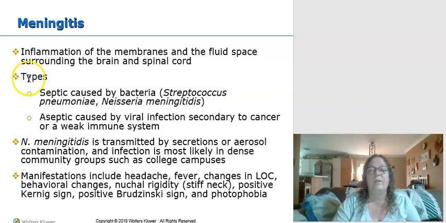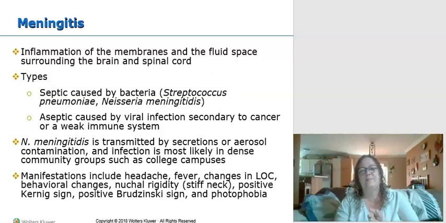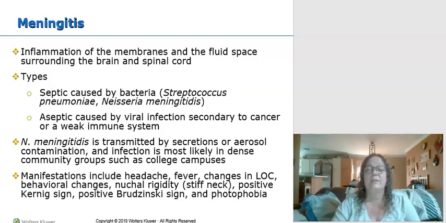There are two main types, septic and aseptic. Septic is caused by bacteria, usually Streptococcus pneumoniae or Neisseria meningitidis. I think that's how it's pronounced. I'm terrible with pronunciations. And aseptic is caused by a viral infection, and can be secondary to cancer or a weak immune system, which puts you at risk, right?